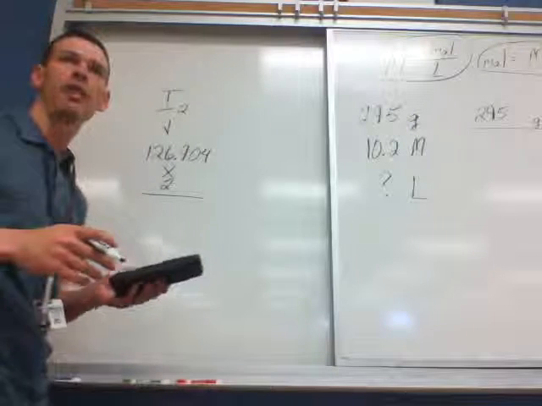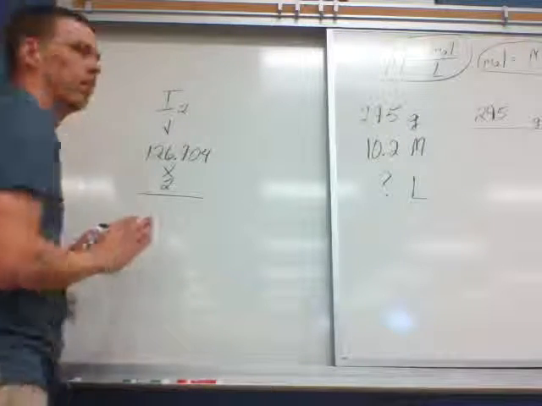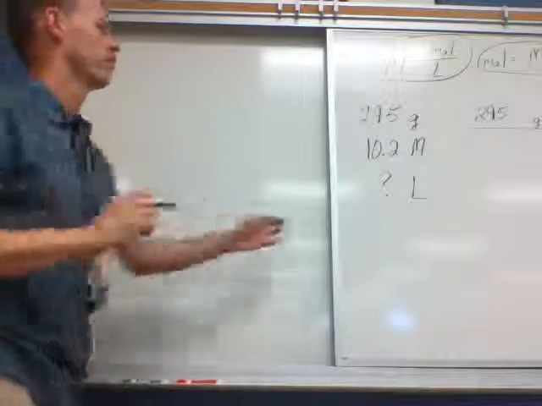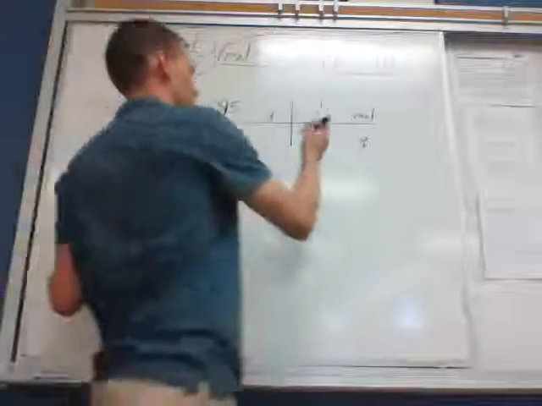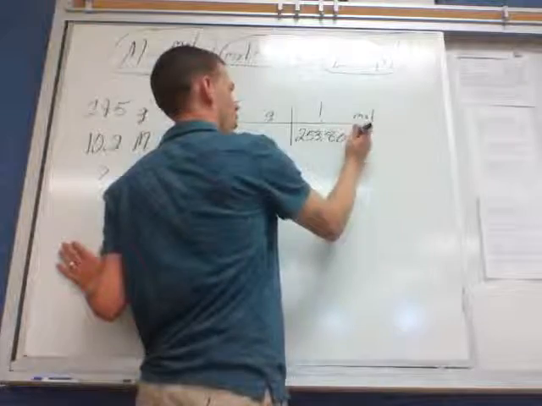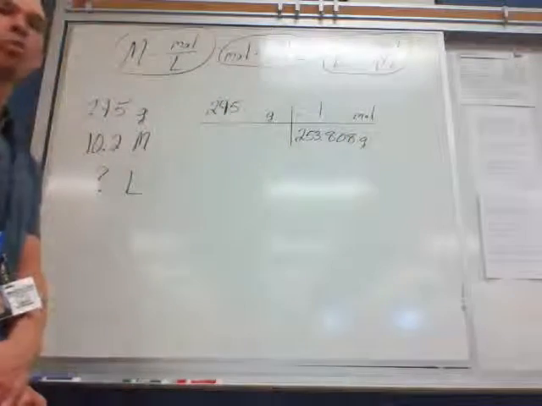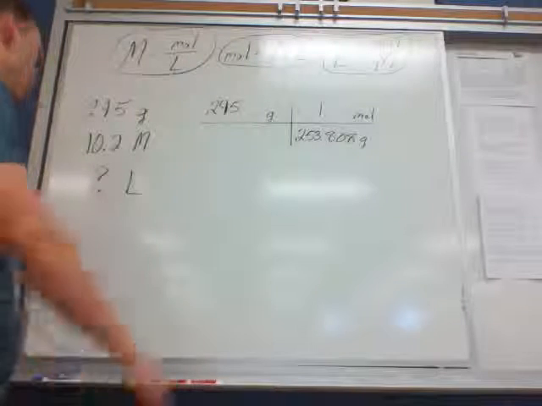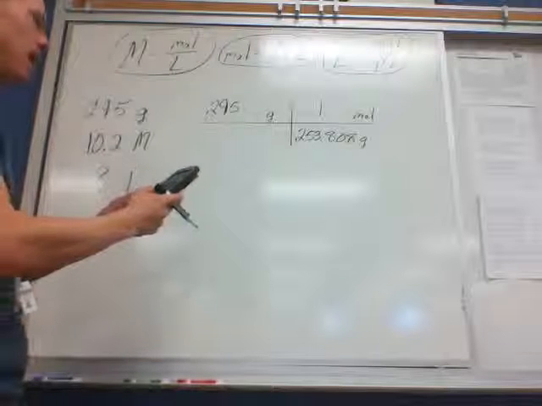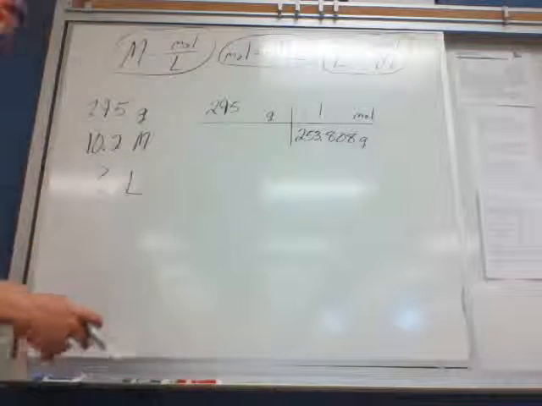You get 253.808. 253.808 is the PT of I2. 295 times 1 is 295, divided by 253.808, I get 1.16.